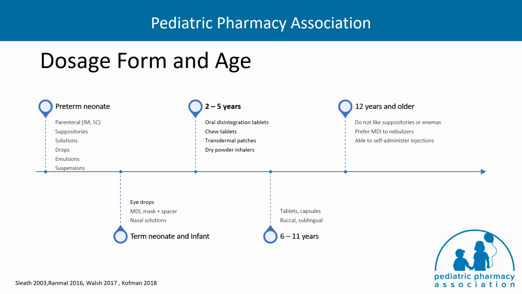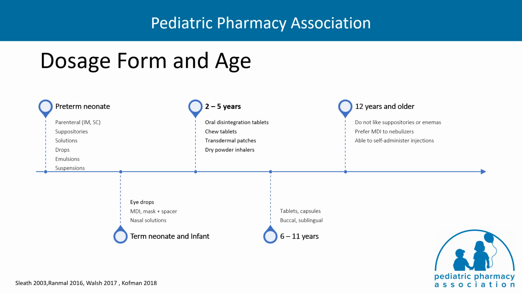Enteral formulations can be used, but with caution. Term neonates and infants are more tolerant of enteral solutions as the gastrointestinal tract has further developed. We can use masks and spacers to deliver metered dose inhalations, and nasal administration of medications is also acceptable.